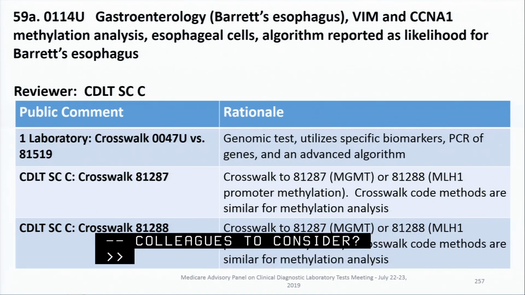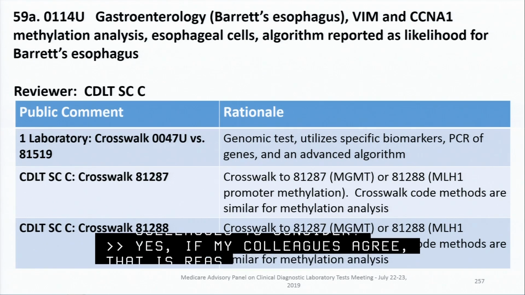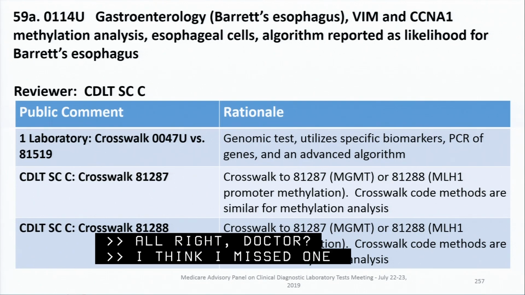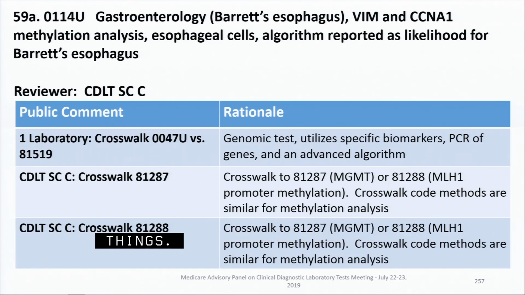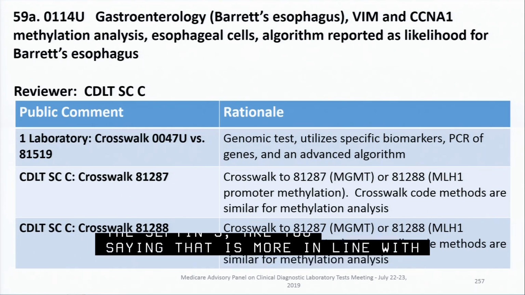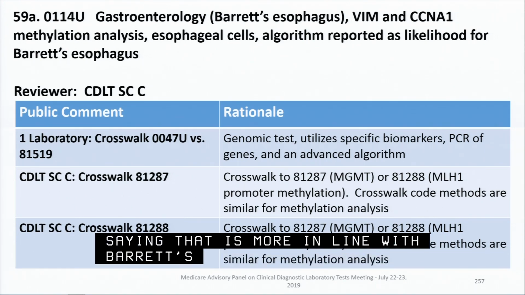All right, Dr. Lyon? I think I kind of missed one of the things. The Septin-9, are you saying that that is maybe more in line with the Barrett's esophagus in terms of how an algorithmic risk would be determined? I would need to ask the lab, not sure.